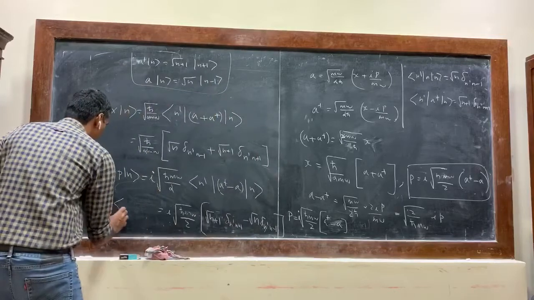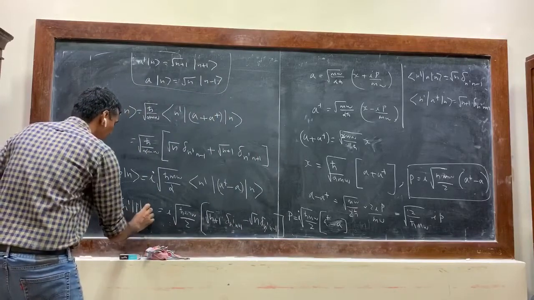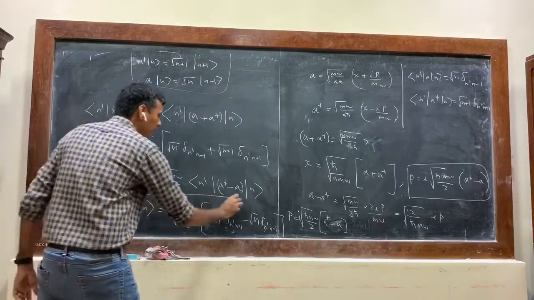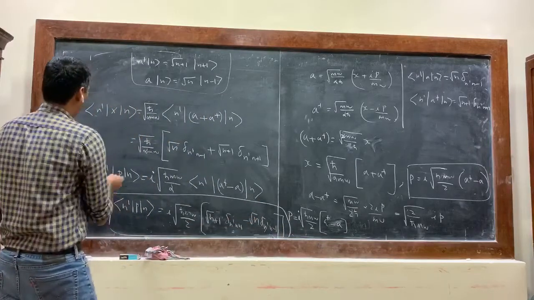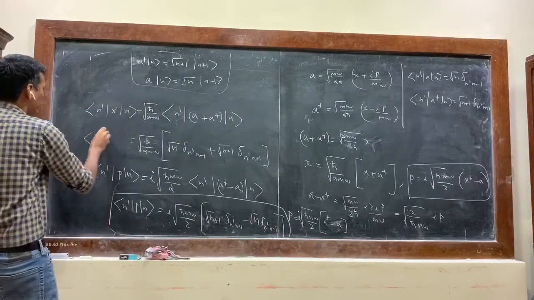So this is ⟨n'|p|n⟩, and this is ⟨n'|x|n⟩.